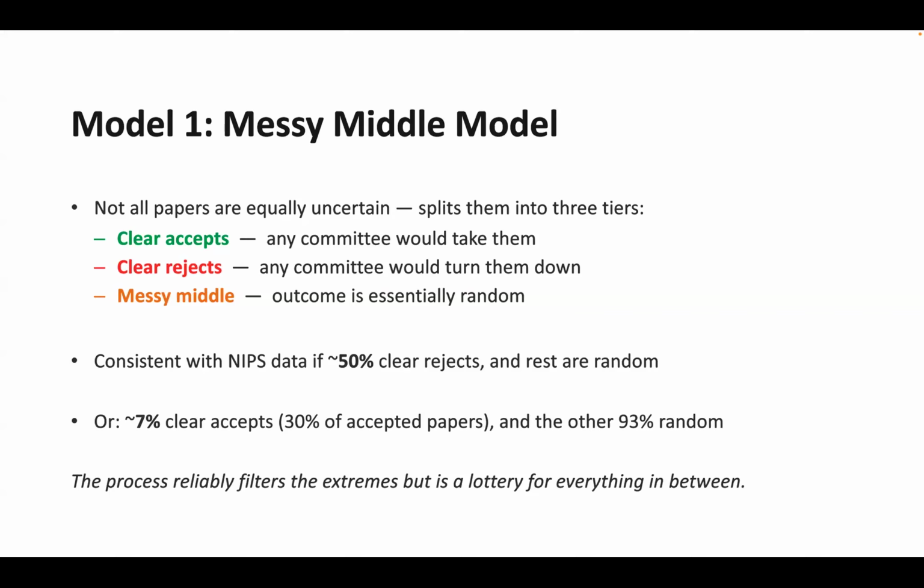So it can be decided based on a coin flip. For example, in NIPS data, we have around 50% clear rejects. And out of the accepted papers, 7% are clear accepts, but the other 93% out of 30% of papers is random. So that was one way they explain the result from this experiment.